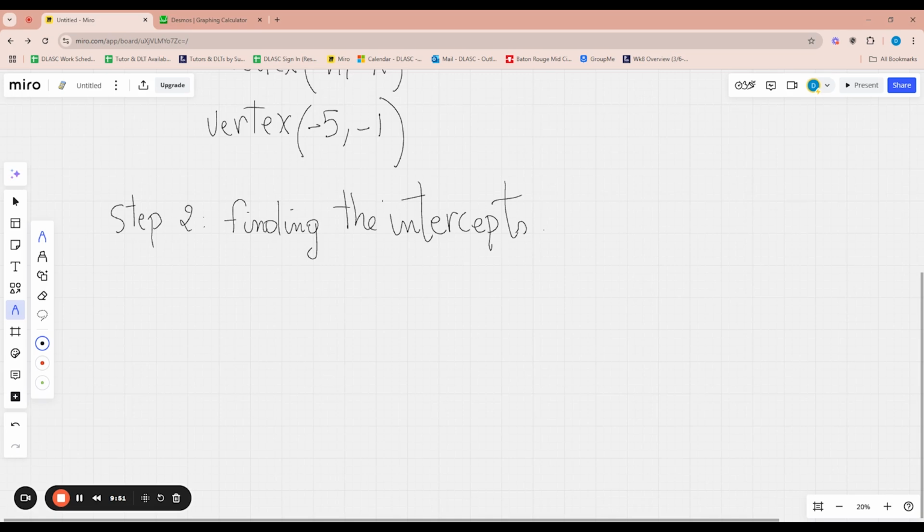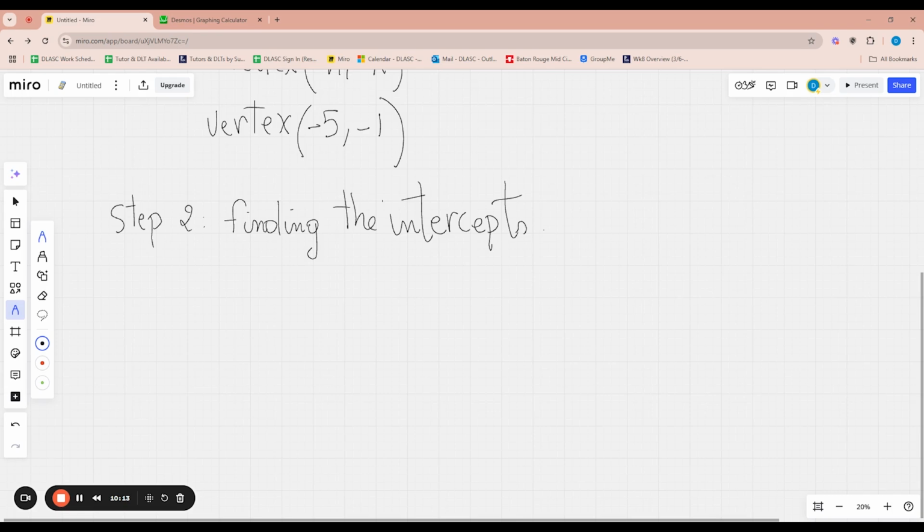So the x-intercept is the point where the graph crosses the x-axis, or touches the x-axis and turns. At this point, the value of y is 0.